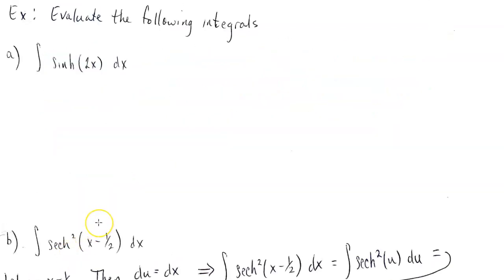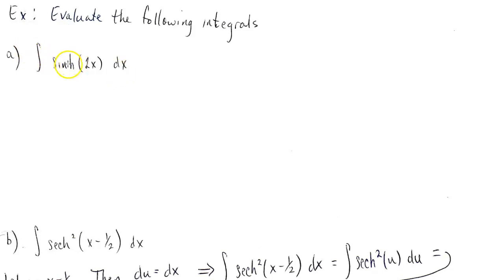So next we're going to switch gears here and start to do some basic integration. We'll start off evaluating indefinite integrals, which is just us really finding the most general antiderivative.